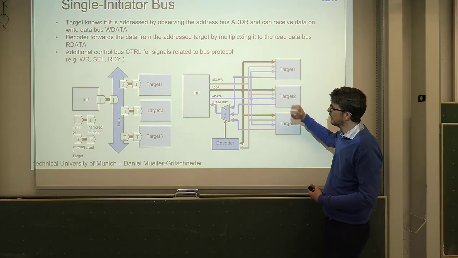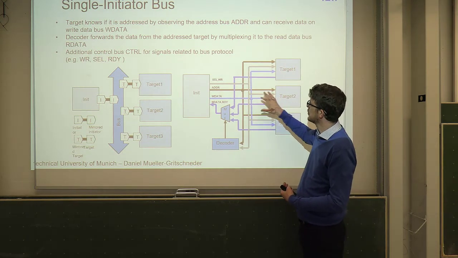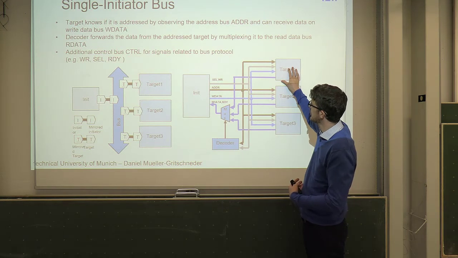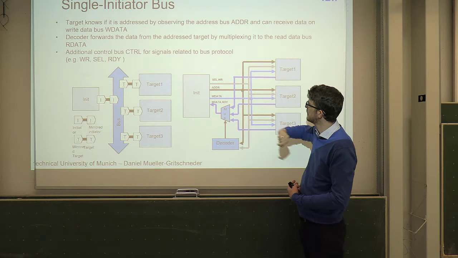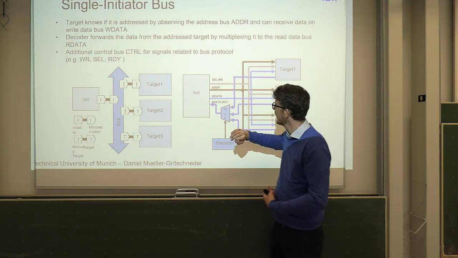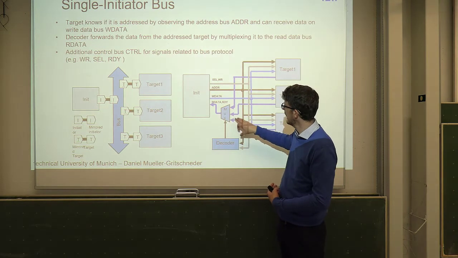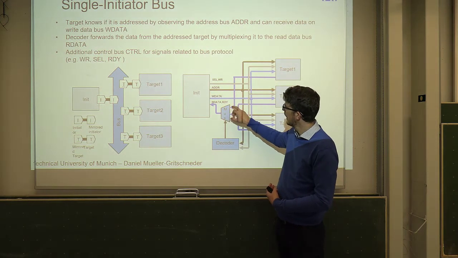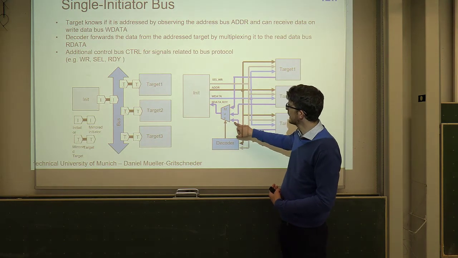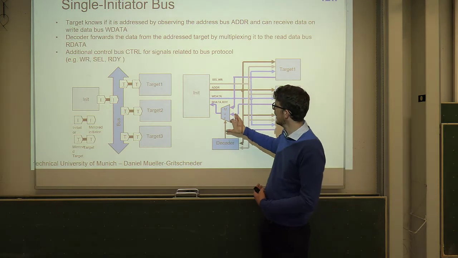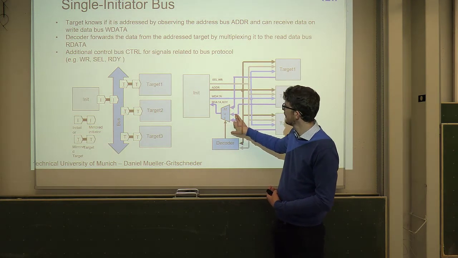Now, this is easy. What's happening if there's a read? Target 1 knows the initiator wants to read a value from it, so it takes this read value and puts it on the read bus. Of course, the initiator has to read this value. But these are all digital wires, and only one of these wires can drive the input of the initiator. It's a standard digital signal.